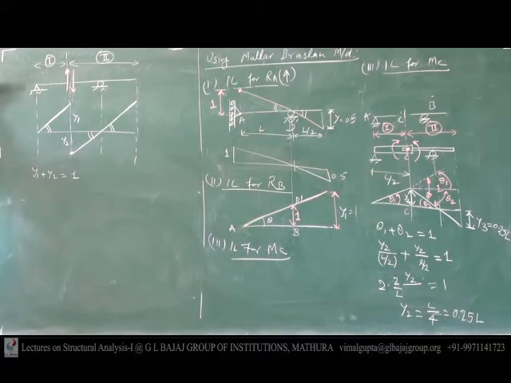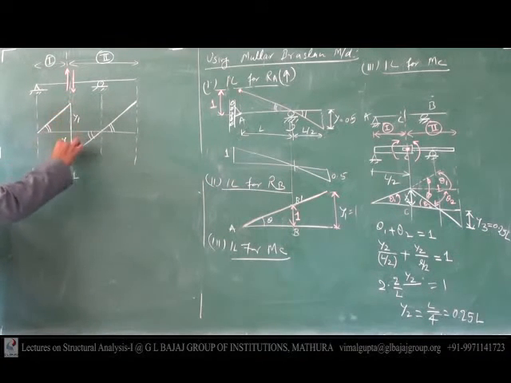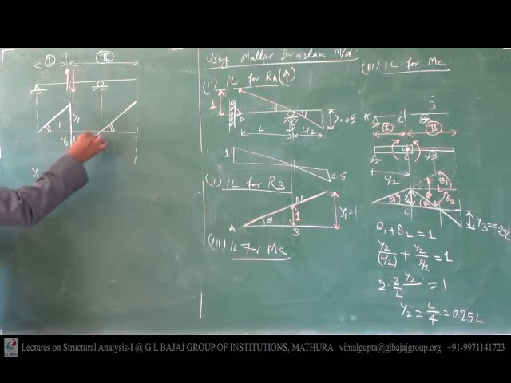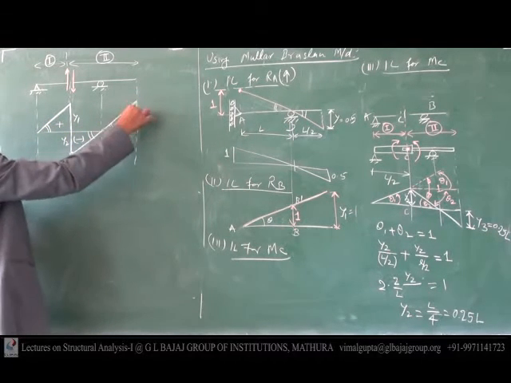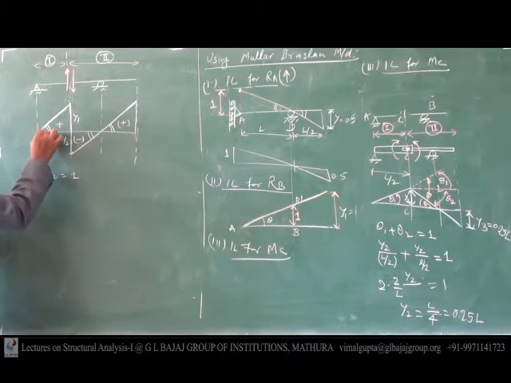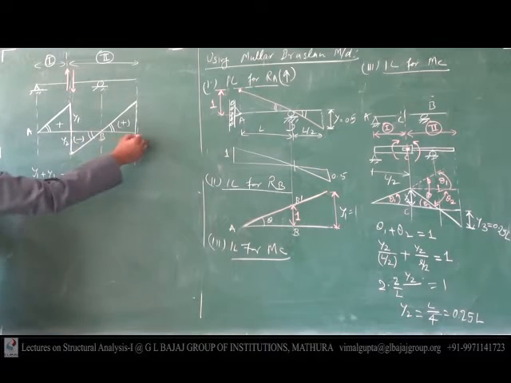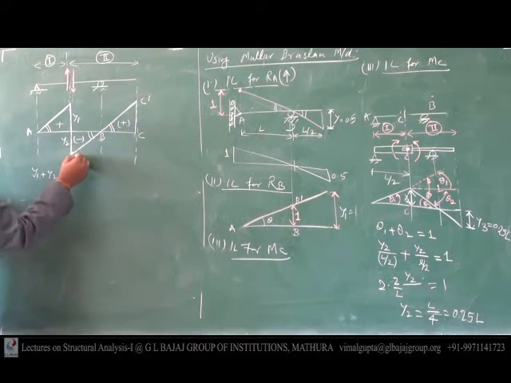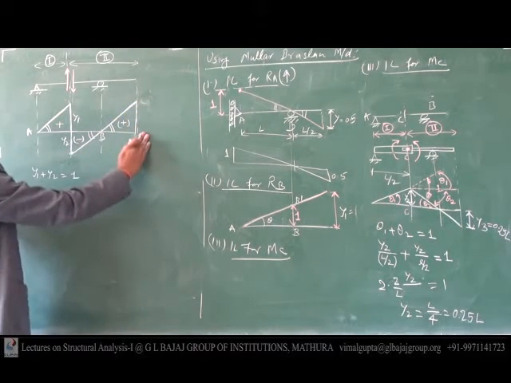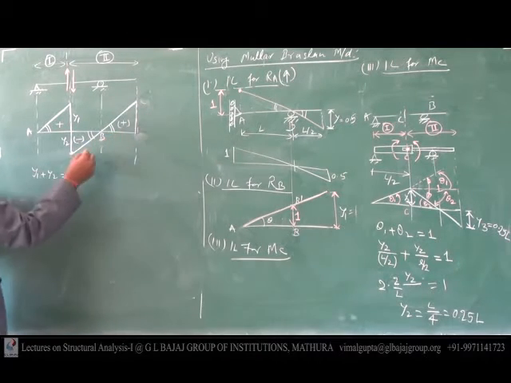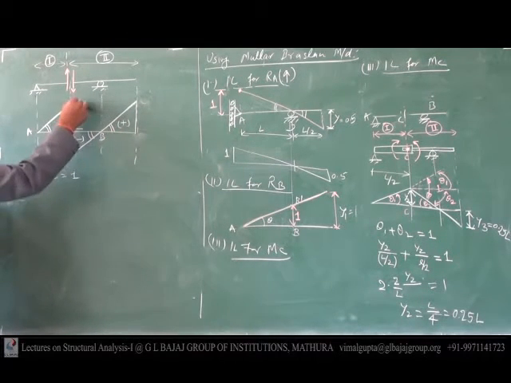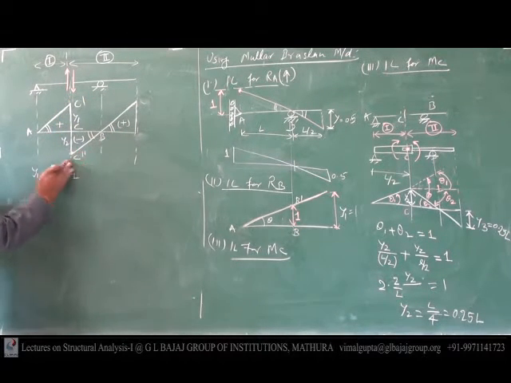Is it possible now? So deflected shape is this. This is positive, this is negative, this is positive. This point is A, this point is B, it is C. You can write C dash, C double dash, no problem.